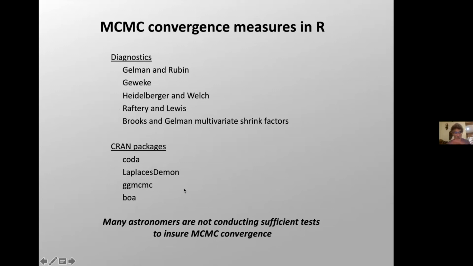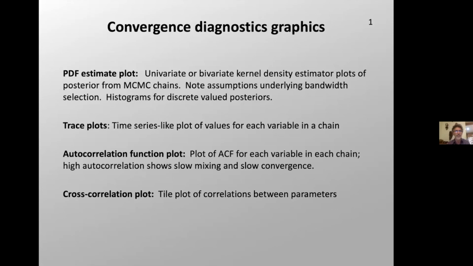After all, if it's just not converging at all, you want to know before you spend too much computer time, and now you should stop it and start again, do something else. So CODA and BOA in particular are very widely used among statisticians and the people who use R.